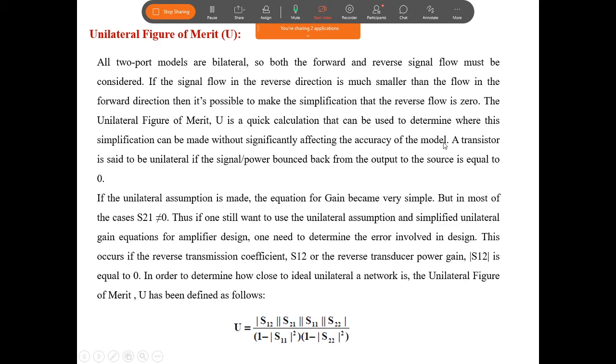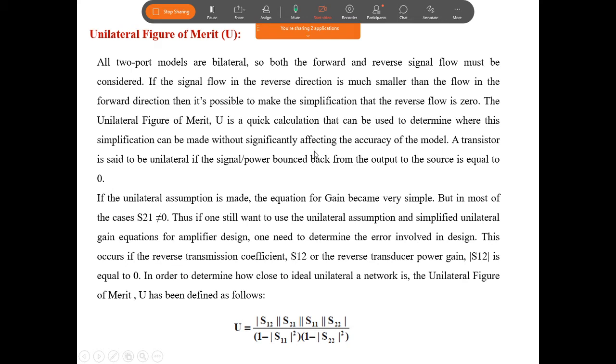Even if it is not unilateral, if the error is bounded by the upper and lower limits, you can apply the unilateral design equations.